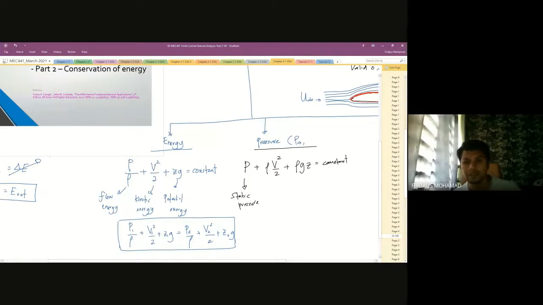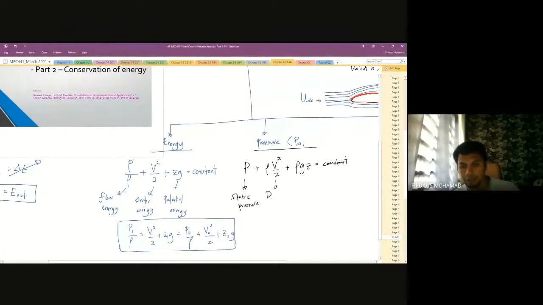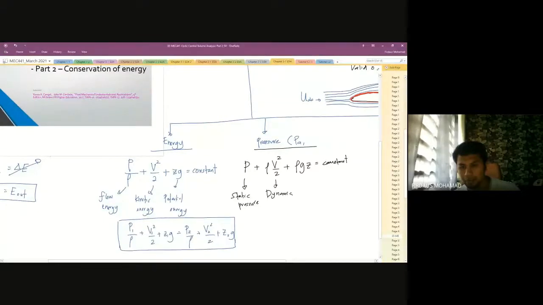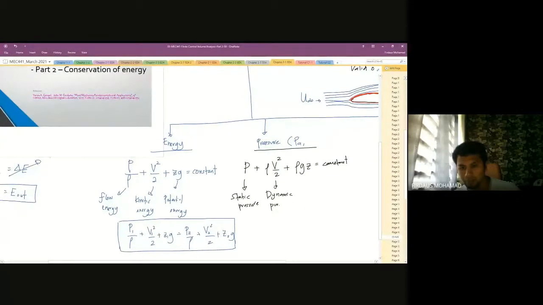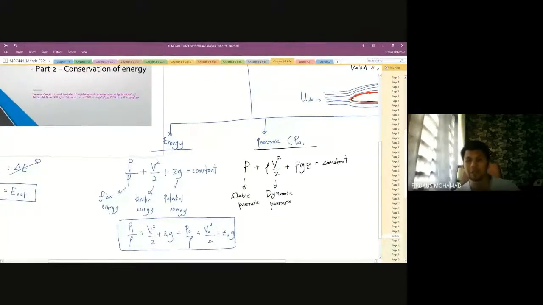Okay, and then the second term, rho V squared over 2, this is pressure due to the velocity, which is known as dynamic pressure. Okay, rho gZ ni apa? Ni dah belajar ni, chapter 2. Rho gZ ataupun rho gh ni pressure apa?